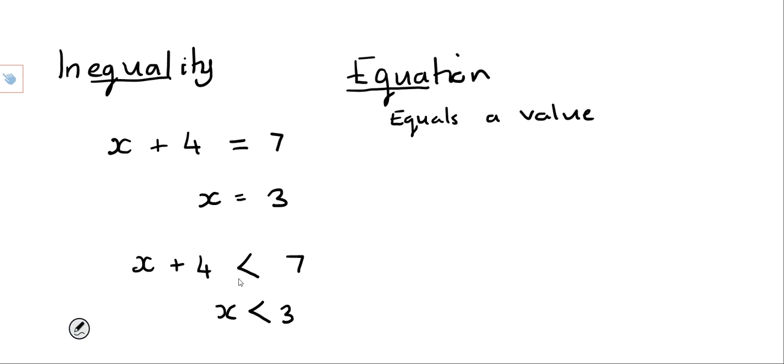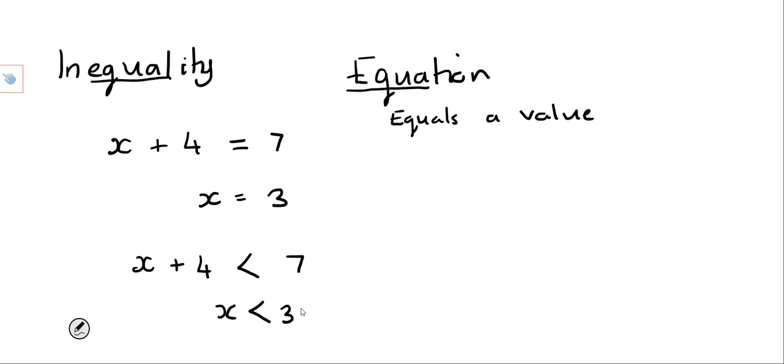Before you write, let's have this discussion just a bit more. So what this x less than 3 represents is how many numbers? An infinite number of numbers. How many numbers are there less than 3? An infinite number. There's decimals and negatives, and you've already told me that.